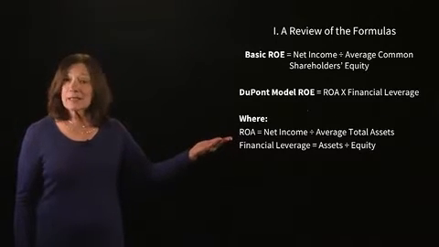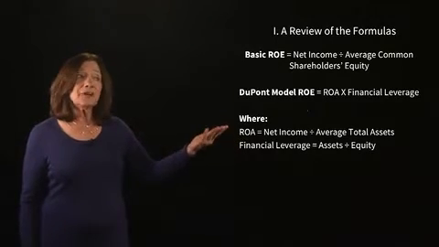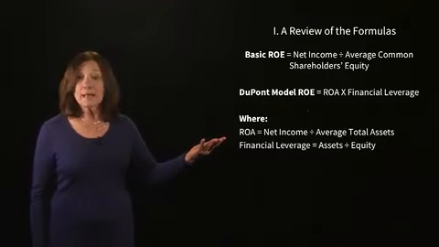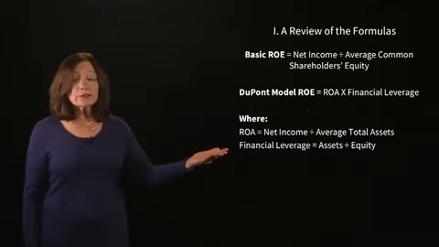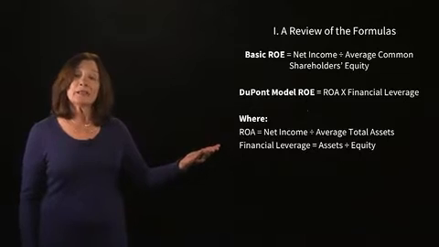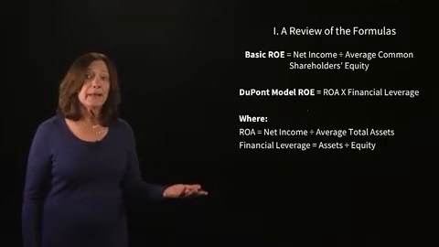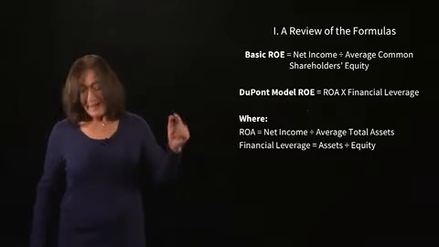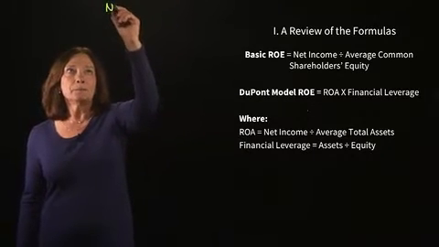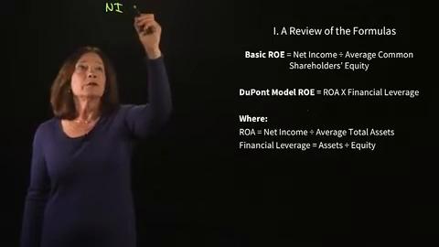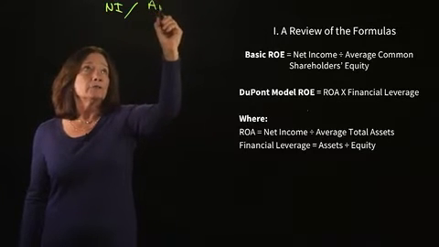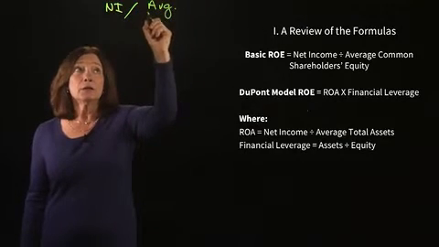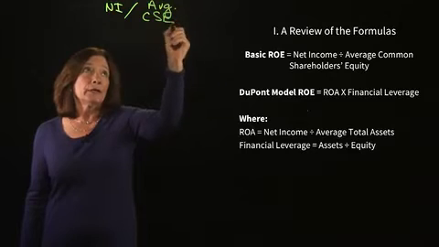So return on assets is net income divided by our average total assets. And for financial leverage, we're taking assets divided by equity. So the basic formula we have is our net income, and we're going to divide it by the average common stockholder equity.